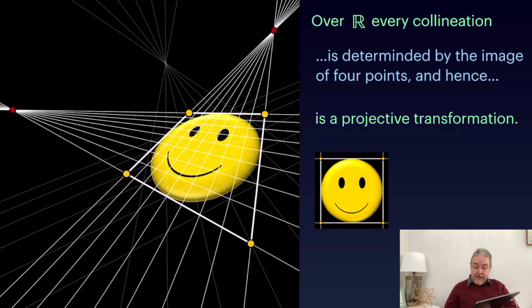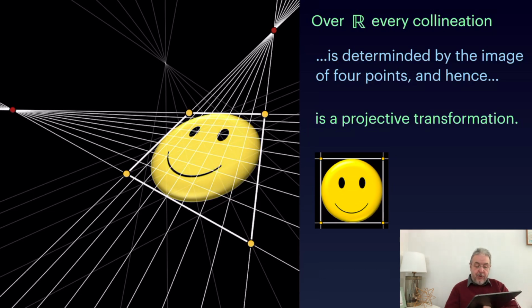And it turns out that essentially a collineation is already determined over the real numbers by the image of 4 points, and this is one of the deeper reasons why it is also a projective transformation, since we will see projective transformations are also uniquely defined by the image of 4 points.